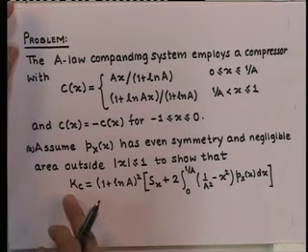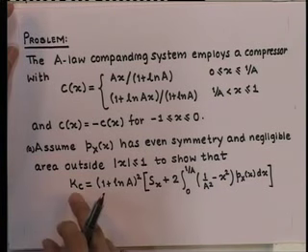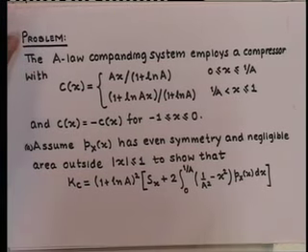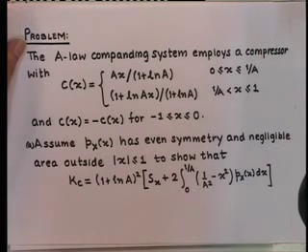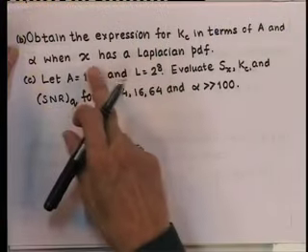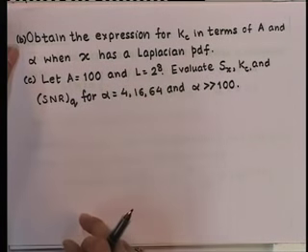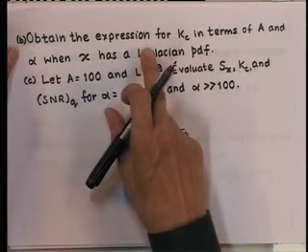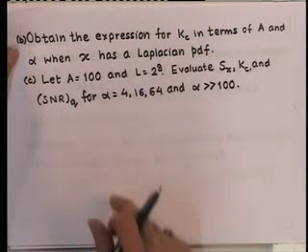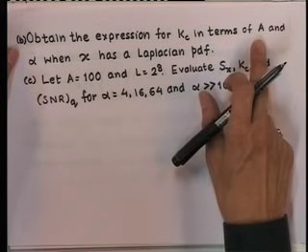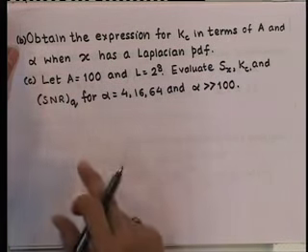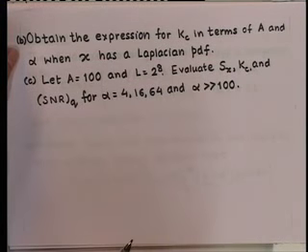the constant K c, which we had discussed in the last class, is given by this, and then for a particular input PDF, that is the Laplacian PDF, we are expected to obtain the expression for K c in terms of A and alpha, which is a parameter for the Laplacian PDF.